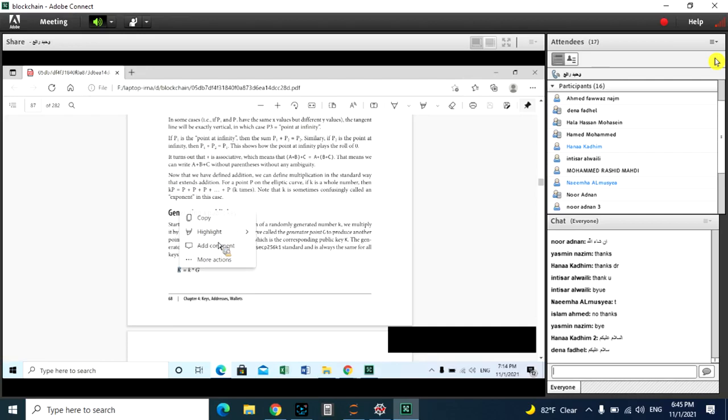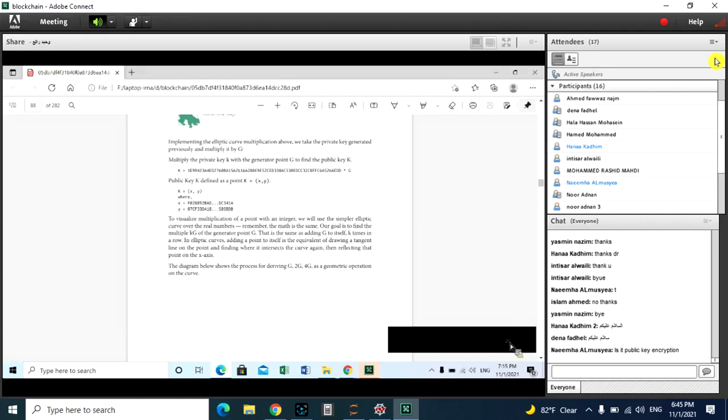If you don't know this algebra, it's okay, but it's important that G is a fixed constant point on the curve. K, which is the private key, is a large number. Using the equation, the public key can be created.